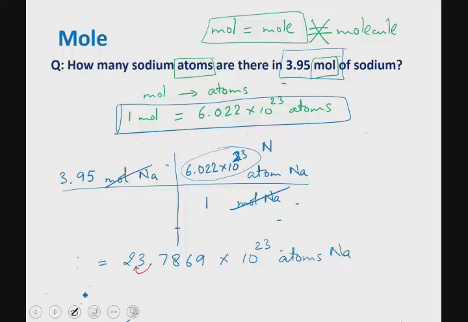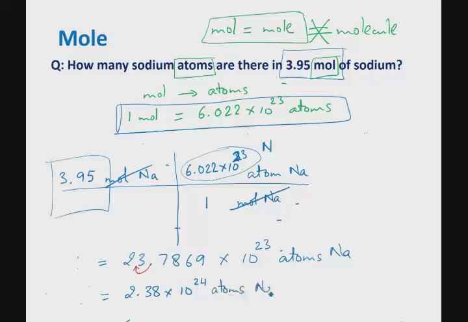In other words, the significant figures will only be affected by the measurements given in the problem. In this case, 3 significant figures. So if you rewrite this number in the correct scientific notation and round off correctly to 3 significant figures, the answer will come out to 2.38 times 10 raised to 24 atoms of sodium.